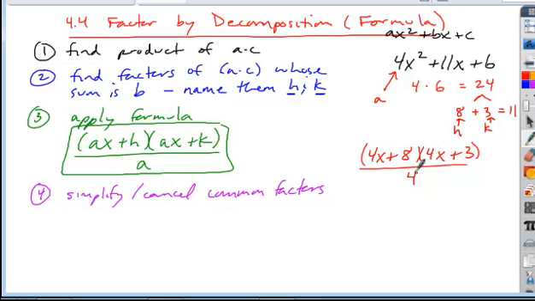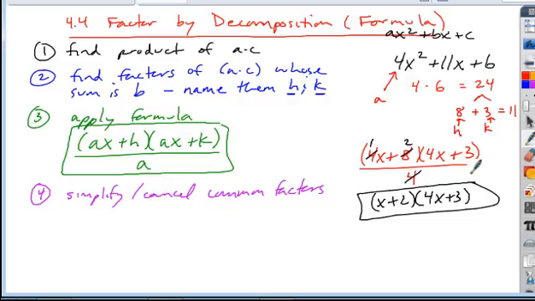Here this 4 goes into both terms of this factor. 4 goes into 4 once and into 8 twice, so we get x plus 2 times 4x plus 3, and that's our simplified form. And so you can factor using that process as well.